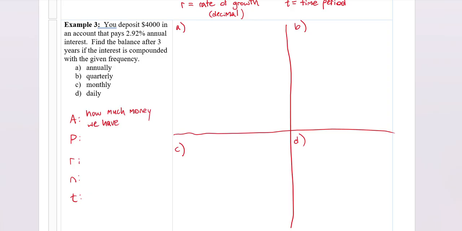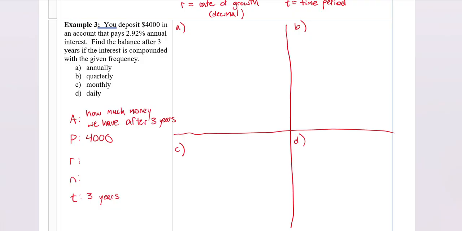So our time period is 3 years. Now P, that's our principal. So that just means, well, how much money are we starting with? We're starting with $4,000.